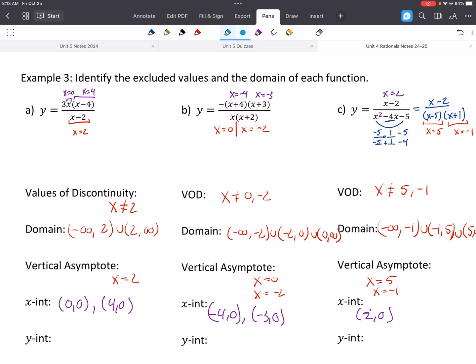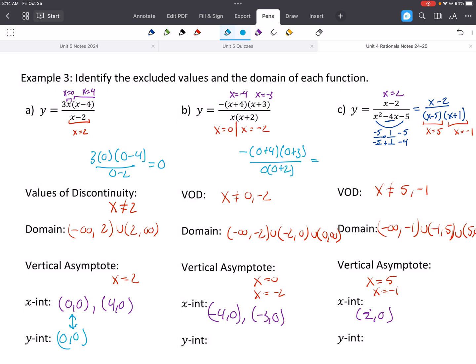And then the y-intercepts, again, it's just plug in 0 for x. So we'd get 3 times 0 times 0 minus 4 over 0 minus 2, and would end up getting 0, which makes sense because the x-intercept is also (0, 0). For this one, we would get what? Negative 0 plus 4, 0 plus 3, over 0 plus 2.